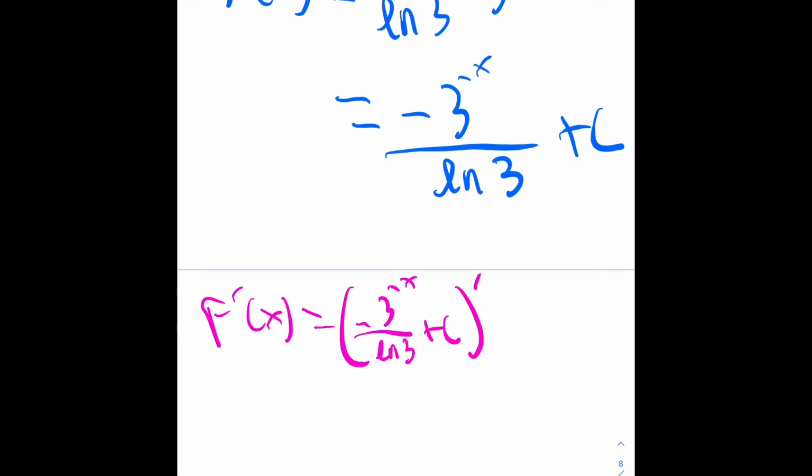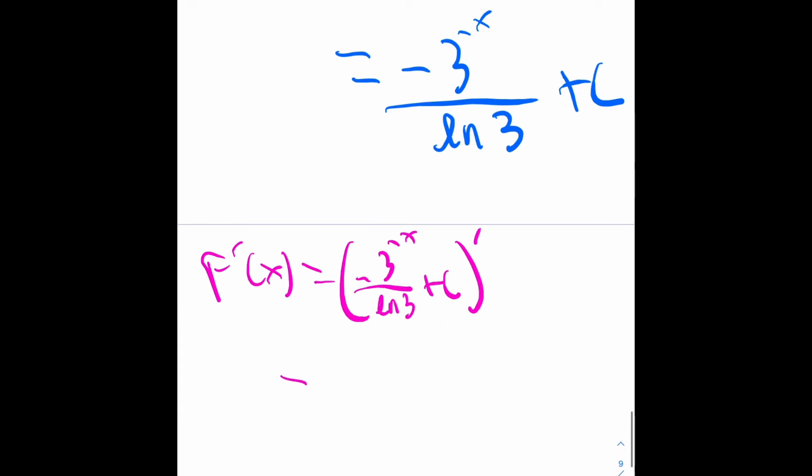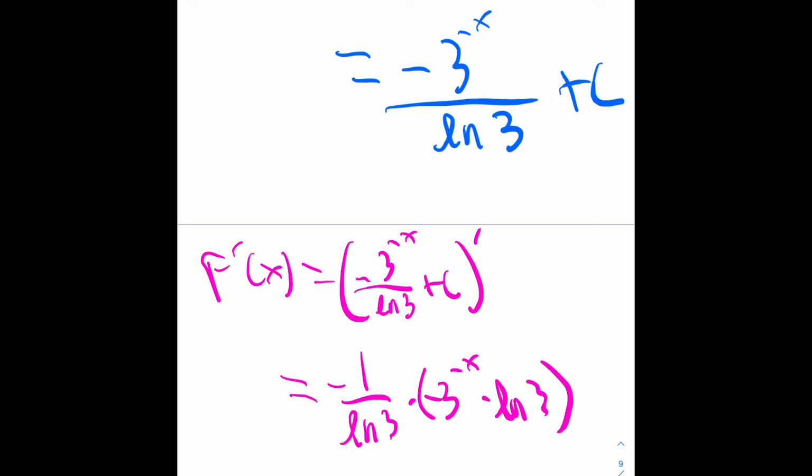So I'm basically going to use my quotient rule, low times derivative of the high. And I'm going to just drop that c out because it doesn't need to be in there. Minus high times derivative of the low. That's a 3.